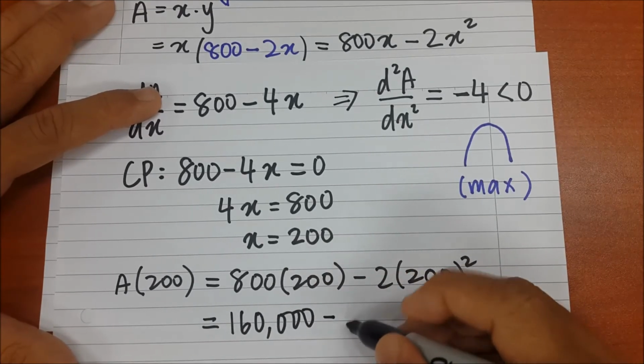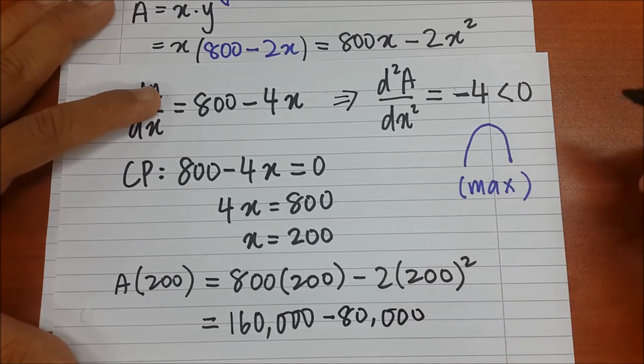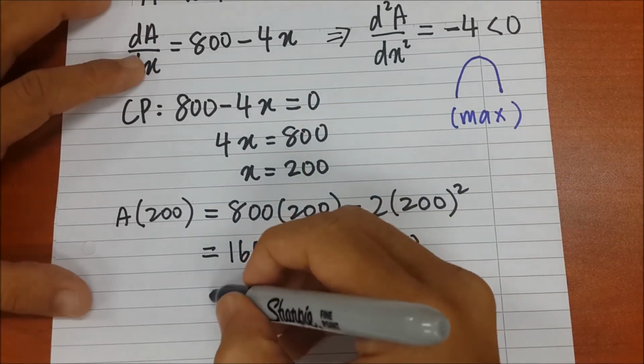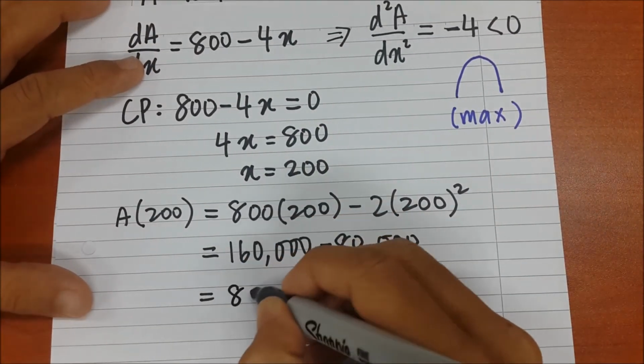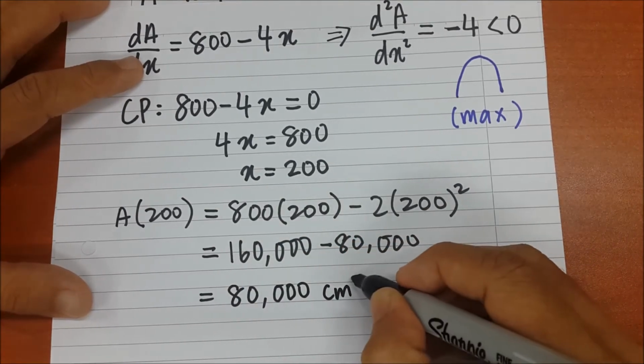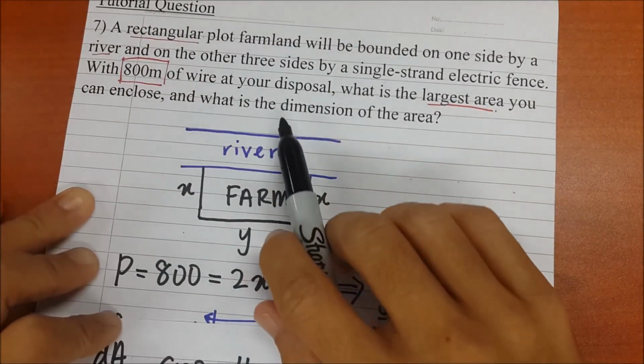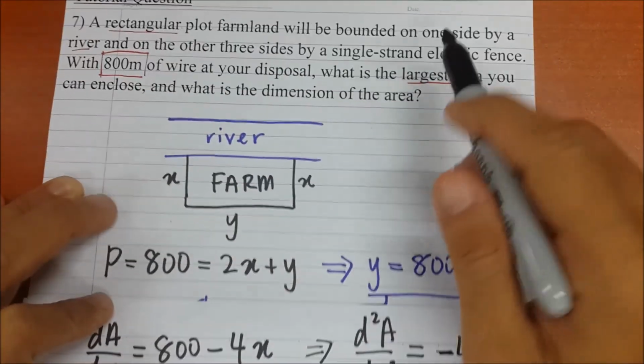This gives you 80,000. So your maximum area will be 80,000 square meters.